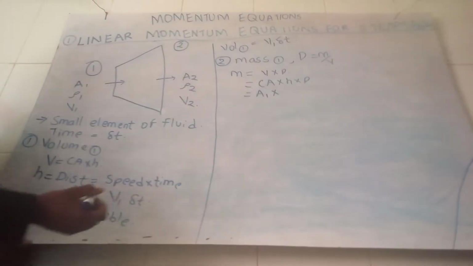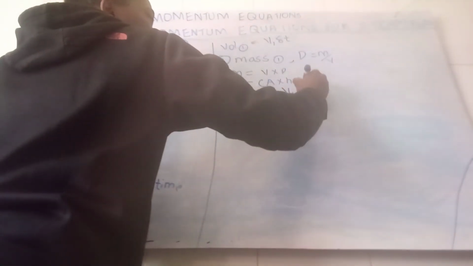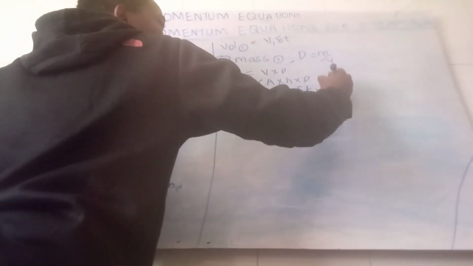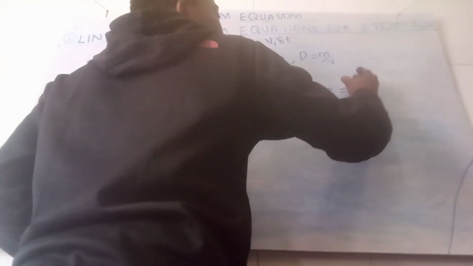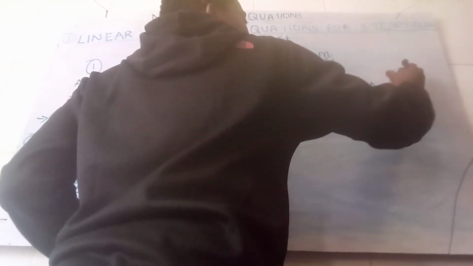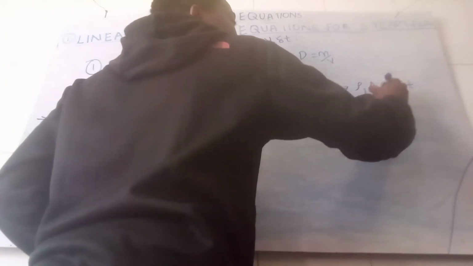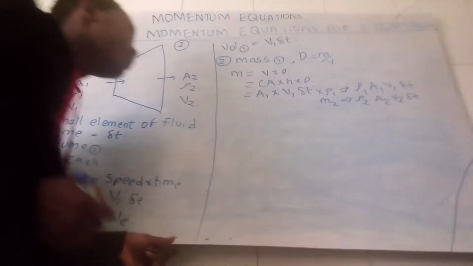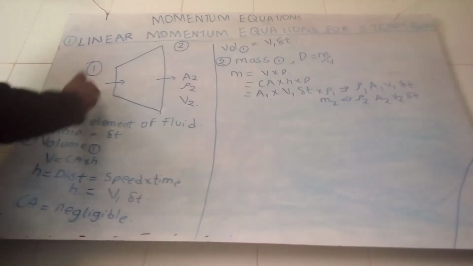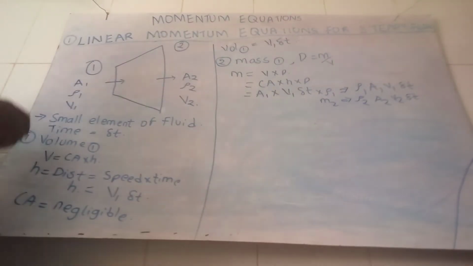We found h is V1 differential of t, multiplied by density at point 1. So if you rewrite this, you shall have density 1, area 1, V1 differential of t. That means the mass at point 2 will be given by density 2, area 2, V2 differential of t, because it's the same liquid at point 1 and at point 2.